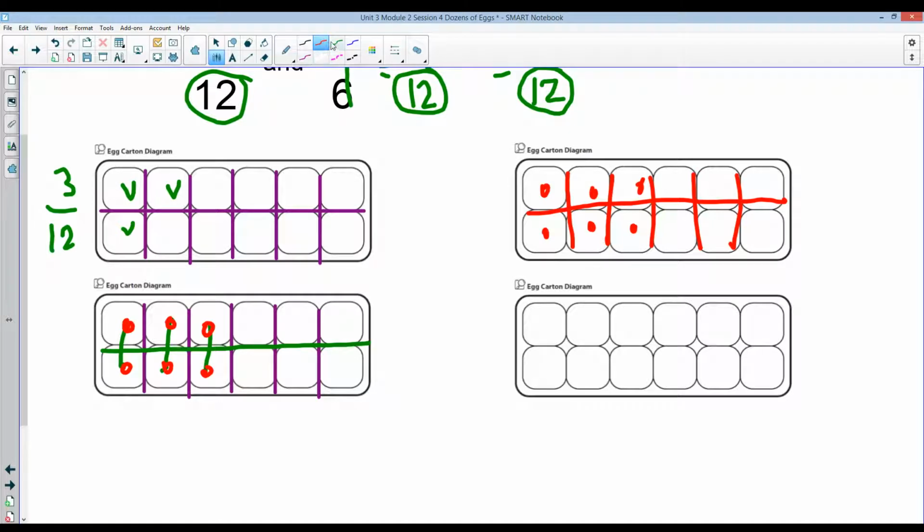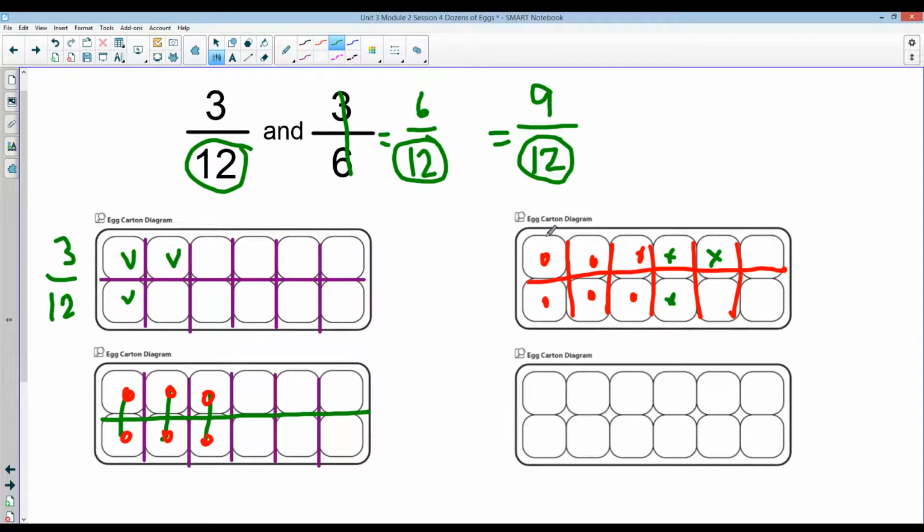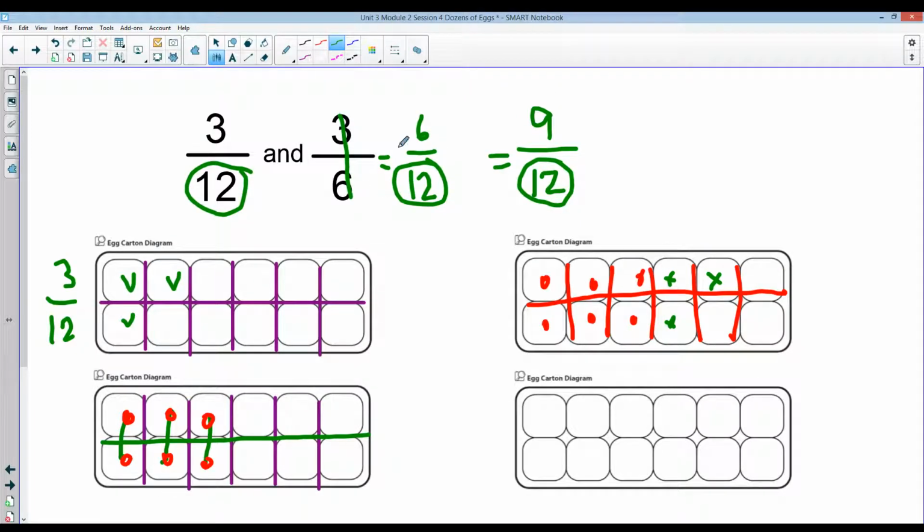And then we have these three right here, so we have the 9/12ths: 1, 2, 3, 4, 5, 6, 7, 8, 9/12ths. This is how you can get an equivalent fraction, so you can get a common denominator.